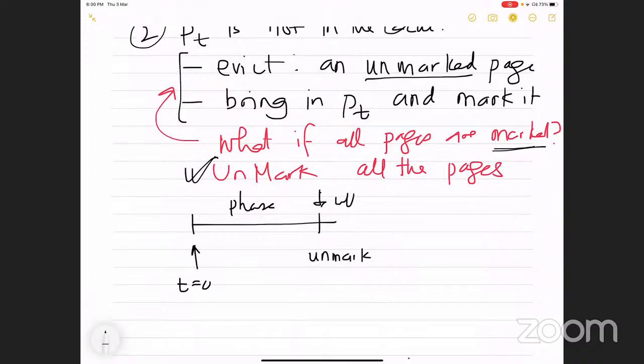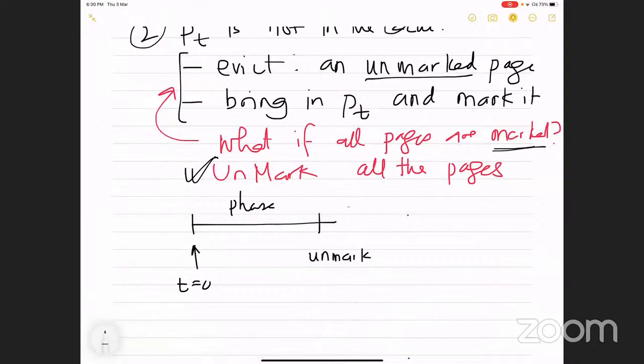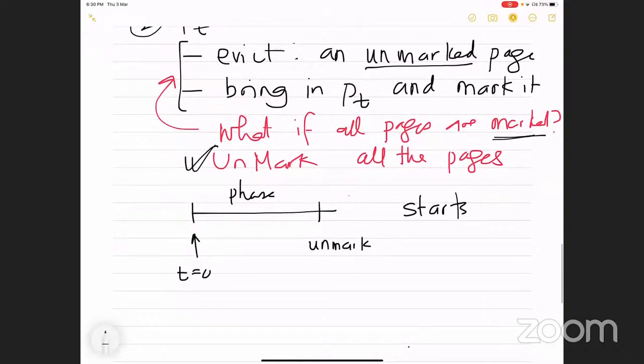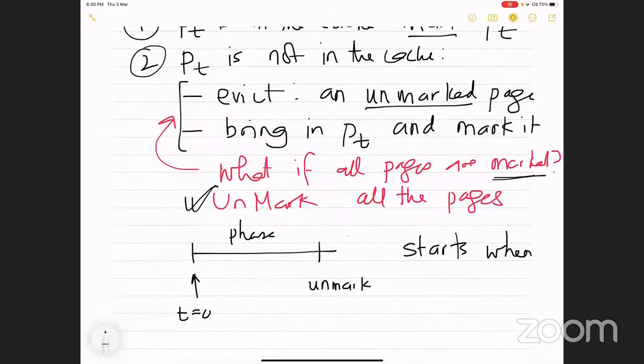So a new phase starts when all the pages are unmarked.